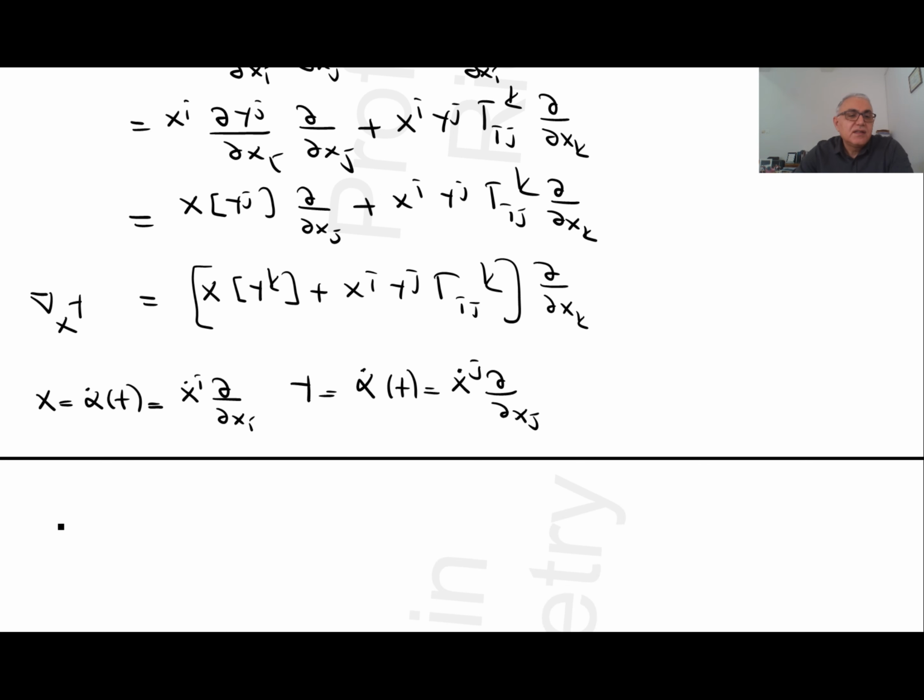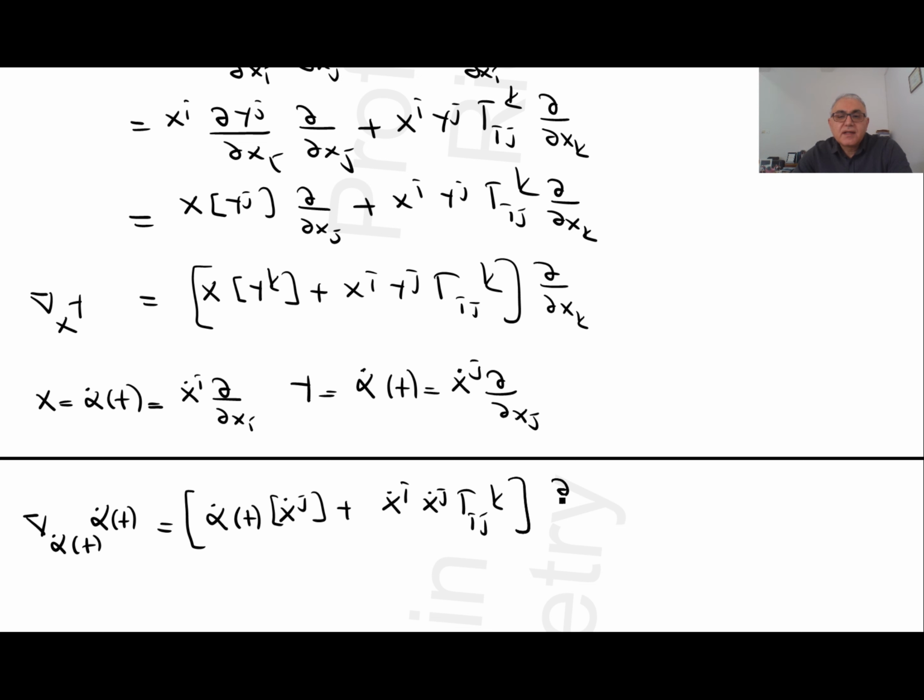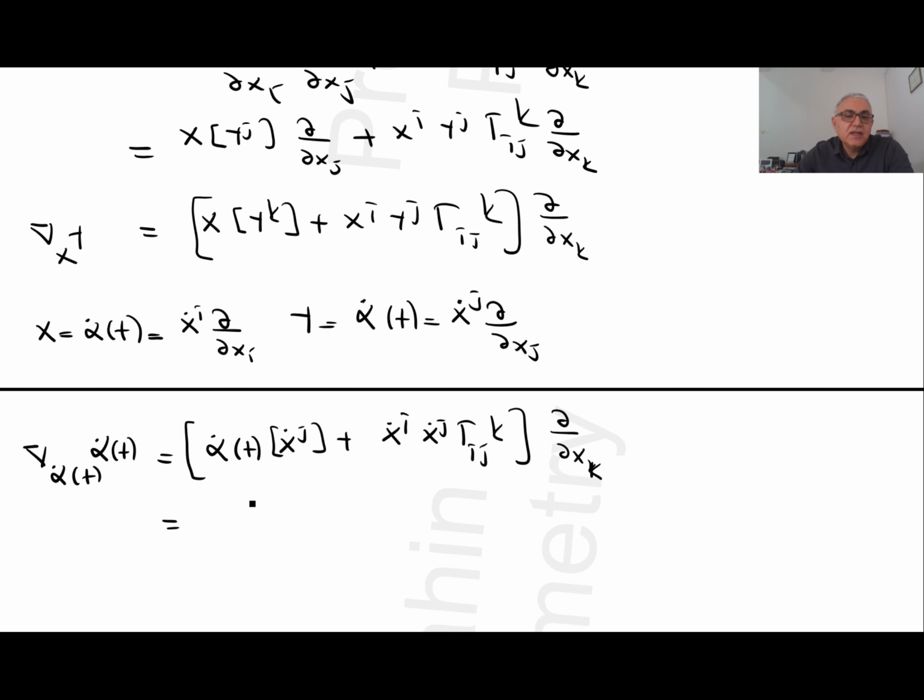If you put this here, nabla of alpha prime of t applied to alpha prime of t equals, first you have x_k double prime plus x_i prime x_j prime Gamma_ij^k, times partial_k. So this will be k, right? So we have x_k double prime plus x_i prime x_j prime Gamma_ij^k, times partial_k.